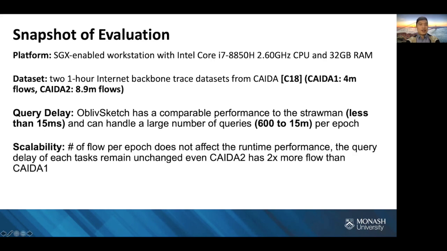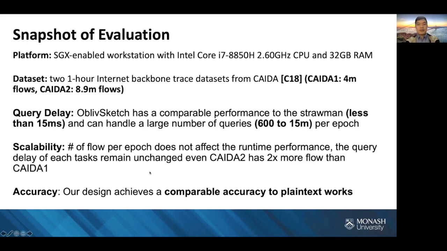It has an identical query delay for CAIDA 1 and CAIDA 2, even though CAIDA 2 has 2 times more flows, which means it is highly scalable. Finally, it achieves comparable accuracy to the plaintext work under the same design philosophy.